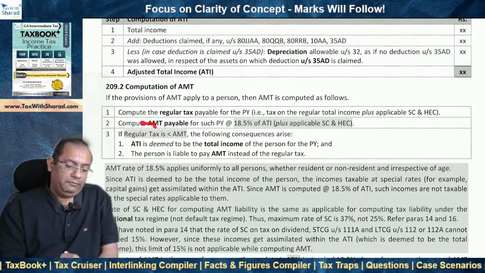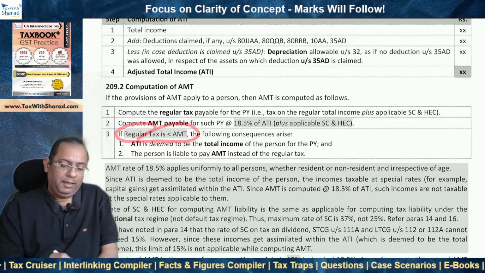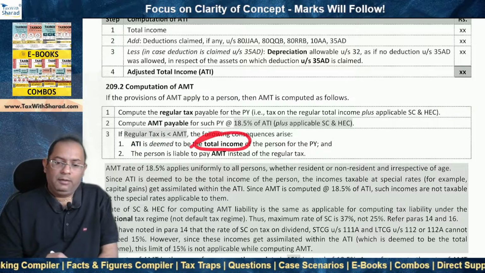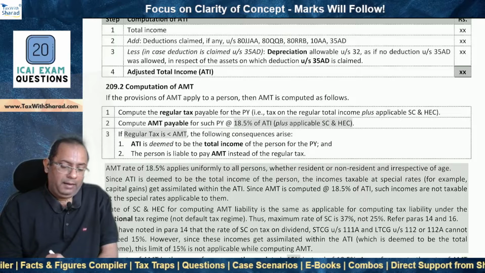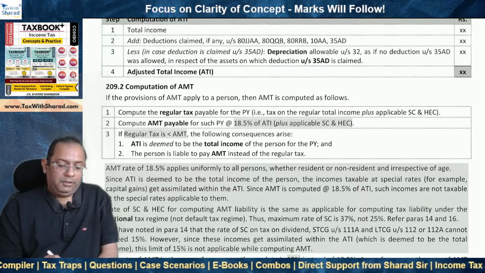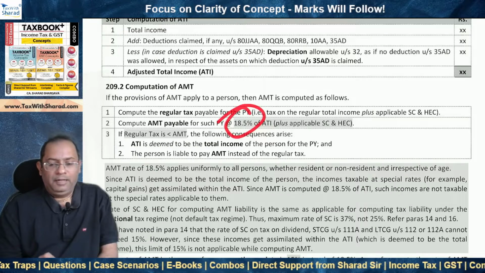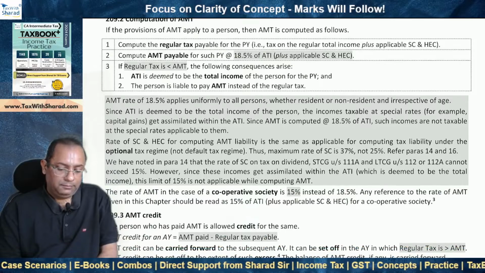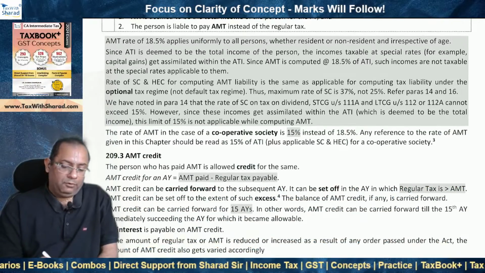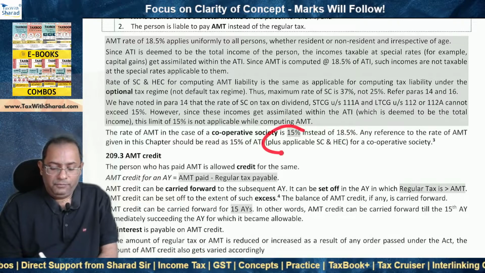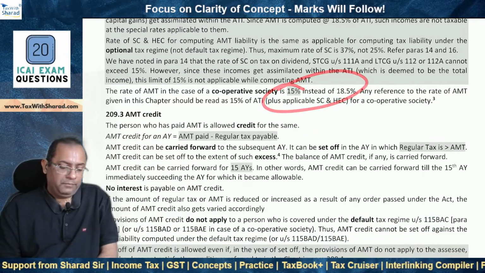If regular tax is less than AMT, then ATI is deemed to be the total income, and the person is liable to pay AMT on such ATI, which is now the total income, at the rate of flat 18.5% plus surcharge and HEC. In case of a cooperative society, the rate of AMT is 15% instead of 18.5%.